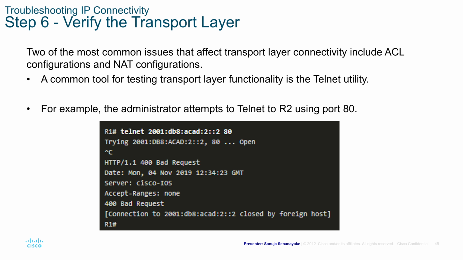A common tool for testing transport layer functionality is the telnet utility. So you can use this utility to test it. For example, the administrator attempts to telnet to R2 in this example using port 80, and that will give you some information on whether the connection is good or bad. In here it says the connection has failed, right? So that's what it's showing.